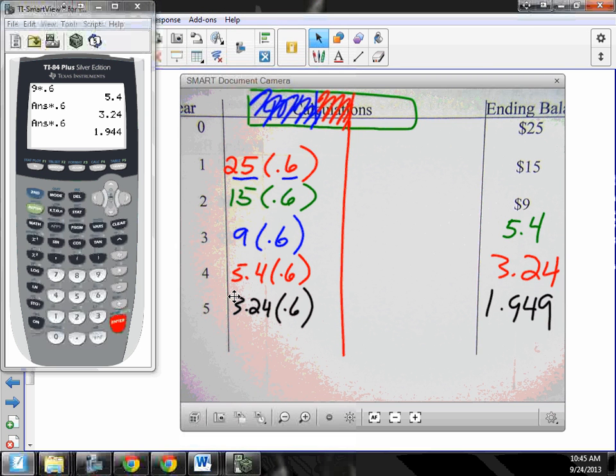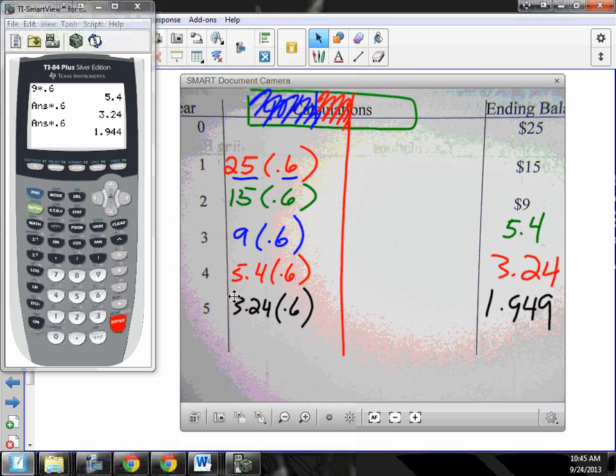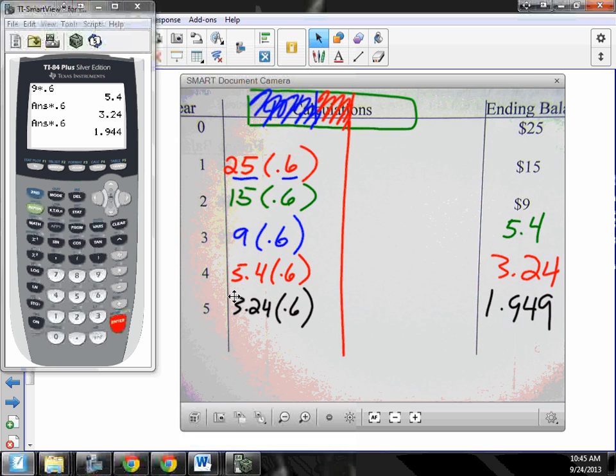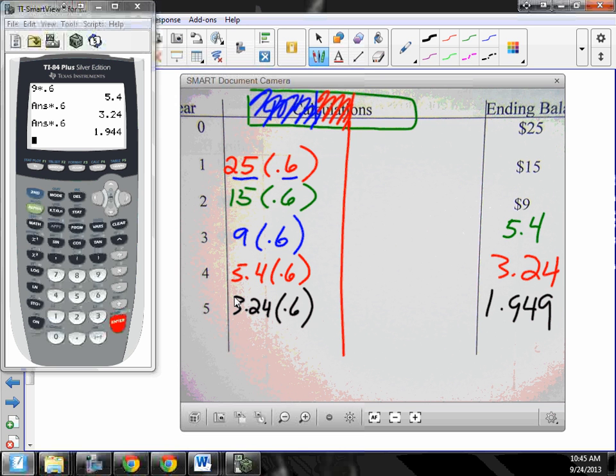What do you notice about these values as I go down the ending balance column? What's happening to the amount of money I'm losing? So let me continue drawing this. Here's 60, there's 40%. Here's 40%.